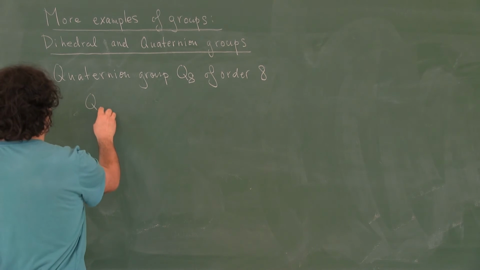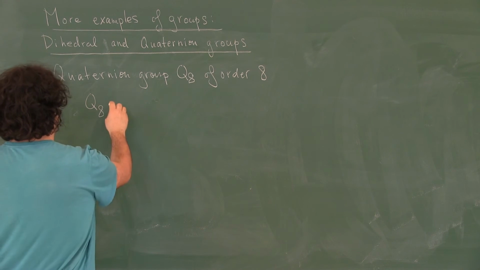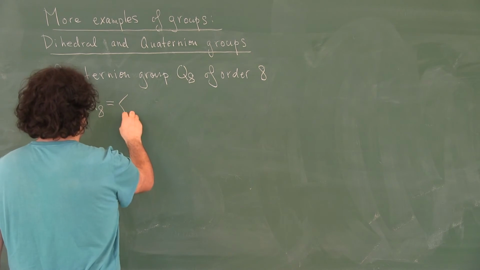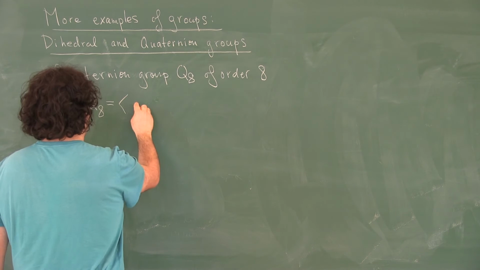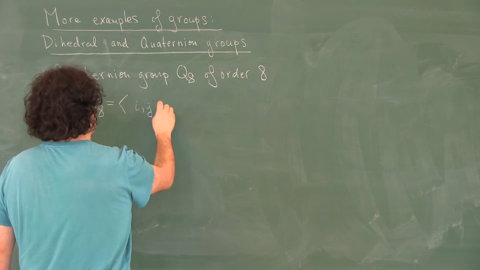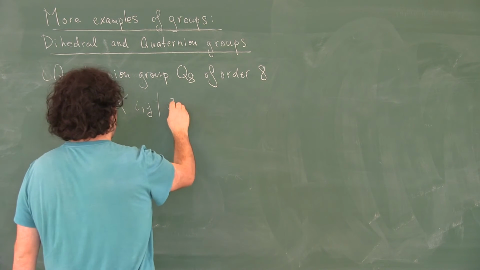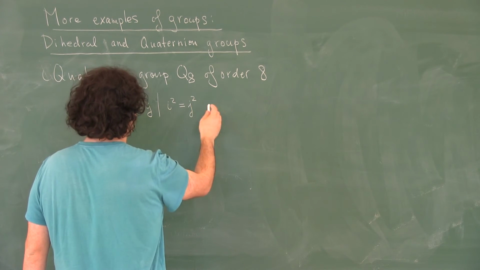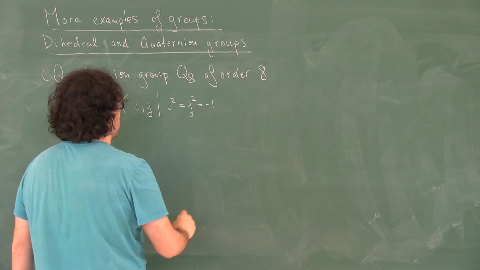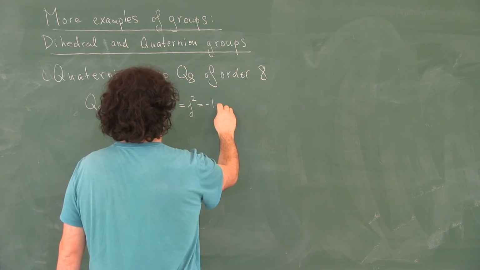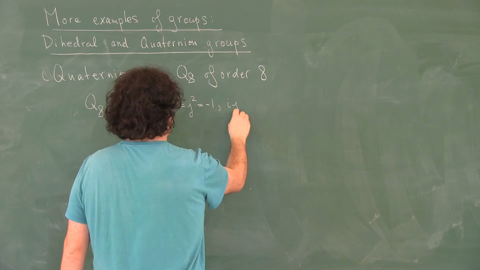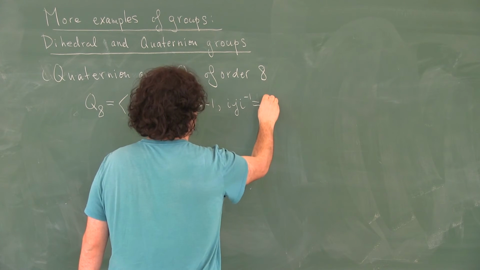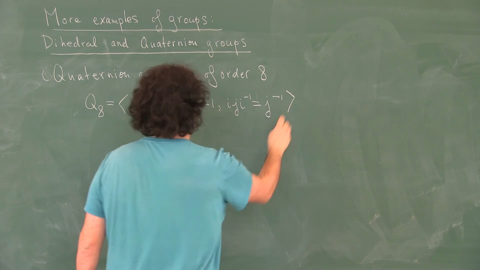This Quaternion group of order 8 is generated by 2 elements i and j, subject to the relations that i squared is equal to j squared is equal to an element we'll call -1, and i j i inverse is equal to j inverse.